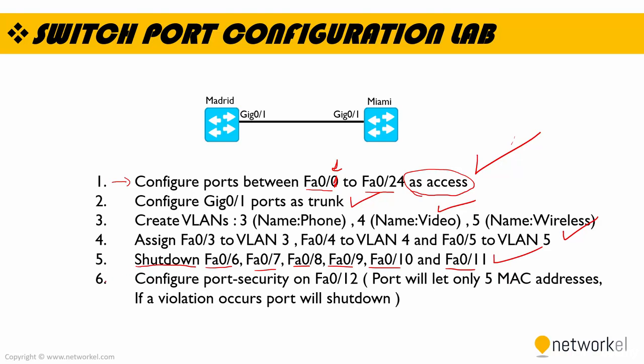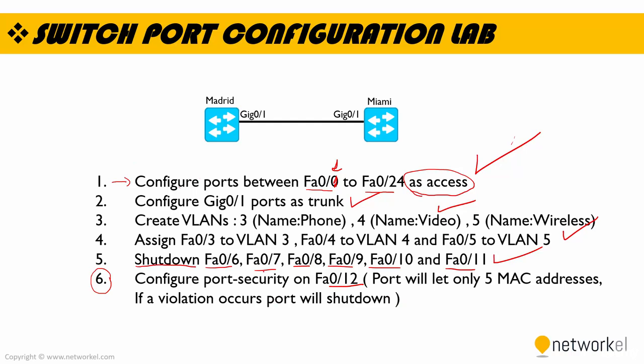And in the next step, configure port security on Fast Ethernet 0/12, and the port will let only 5 MAC addresses. If a violation occurs, the port will shut down.